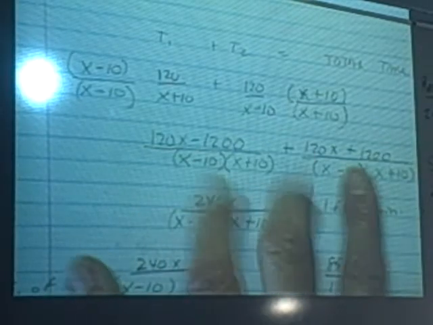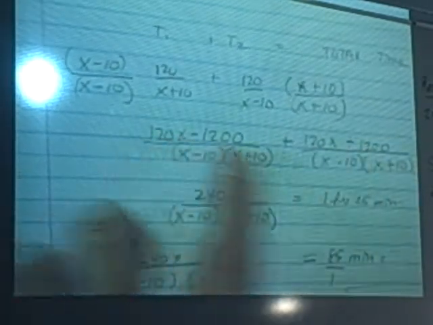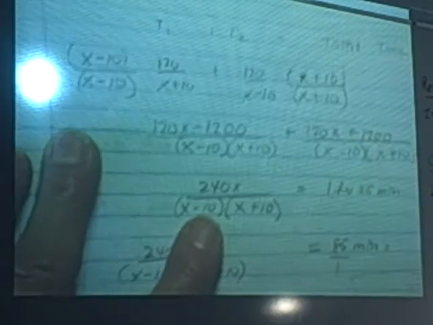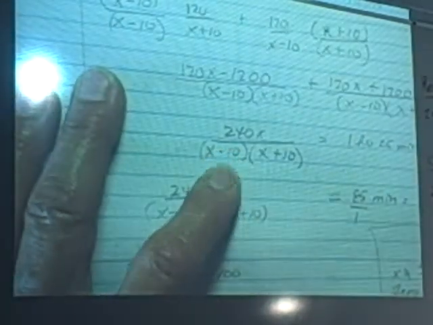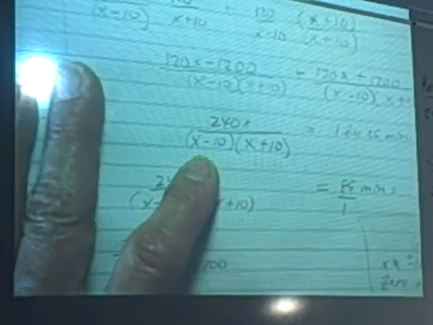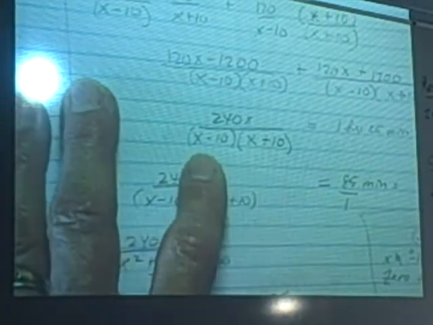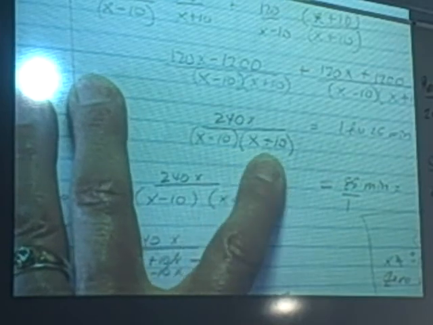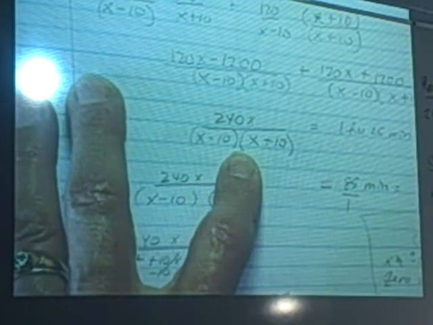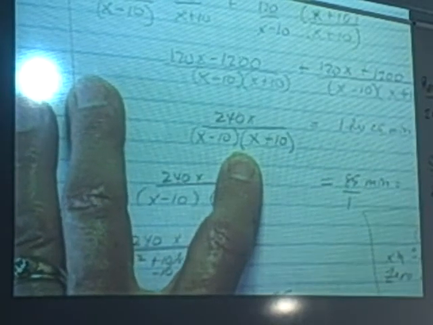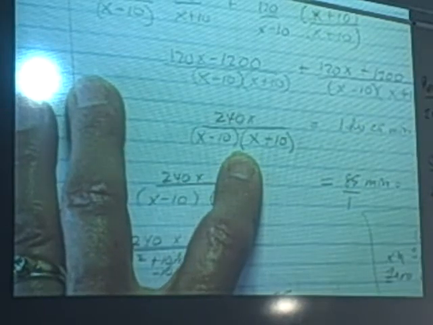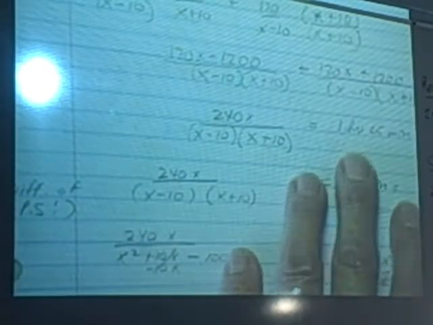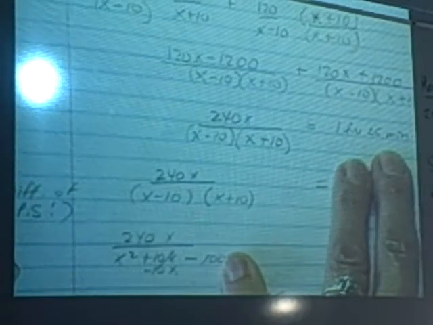The 1200s cancel out, and I have 120x plus 120x, which is 240x. I multiplied this out, so I would have had x minus 10. Are these the factors for the difference of perfect squares? Yes. So I would have had it over x squared minus 100. Okay, and I know that it was an hour and 25 minutes.